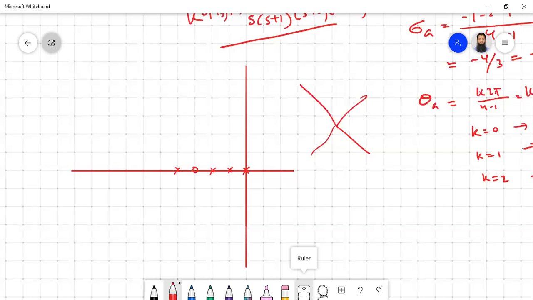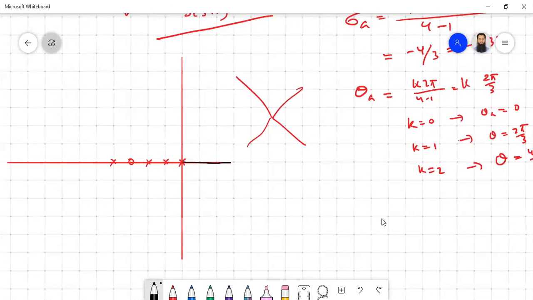Now, which segments will be on the root locus? It is definitely odd, even numbers now. So this segment will be on the root locus. Actually, this is consistent with our angle, so one of the angles is actually 0 degrees. The next segment will not be on the root locus, but this one will be, and then the next segment, this one will be on the root locus.